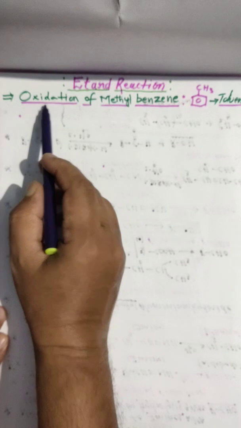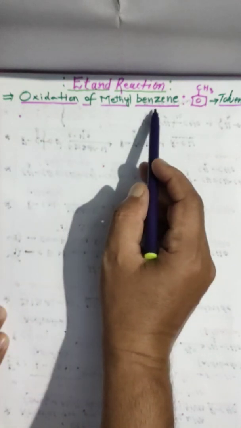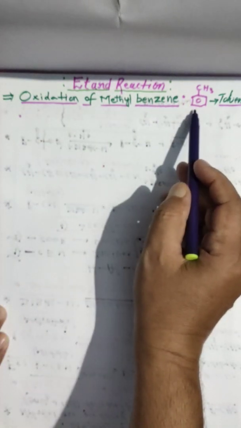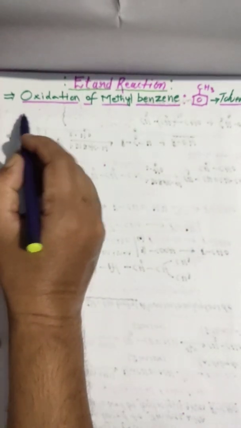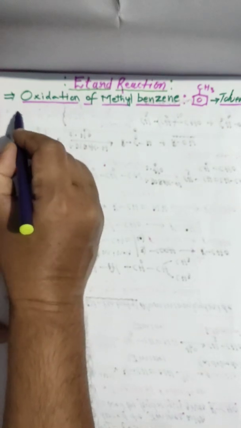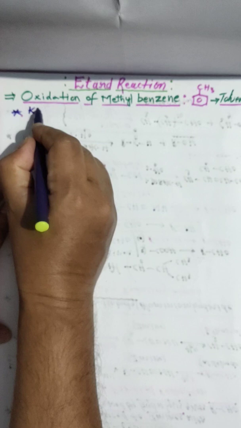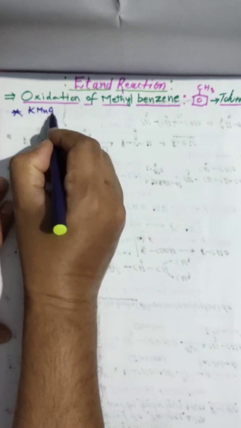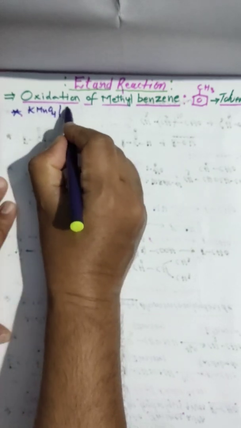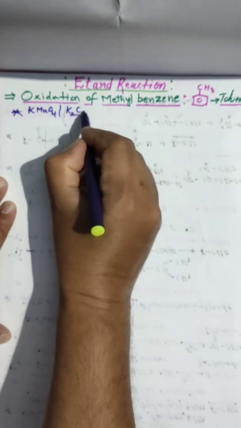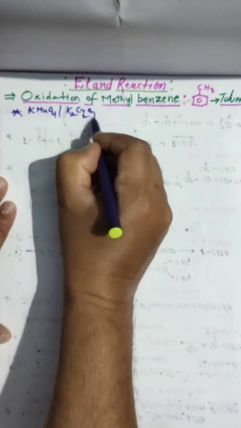In this reaction we are doing oxidation of methyl benzene, which is nothing but toluene. So here we have to use an oxidizing agent. Oxidizing agents we have like KMnO4, potassium permanganate, or K2Cr2O7.